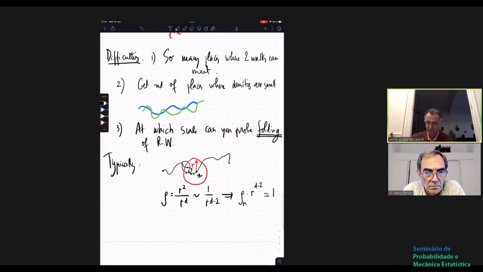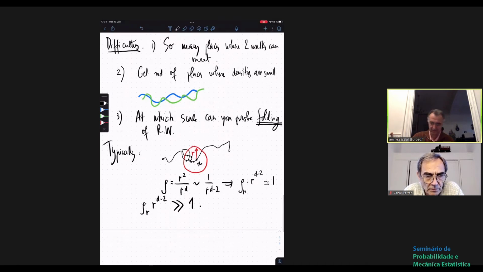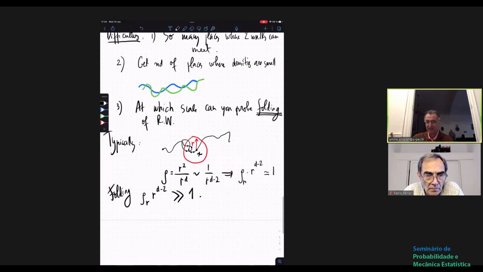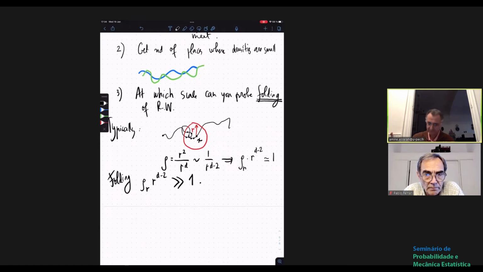So folding just means that I'm going to take scenarios or places or sites where the density times r^(d-2) is much larger than 1. That's going to be a definition of folding. Let me make it more precise. This was for one site, but I can divide.